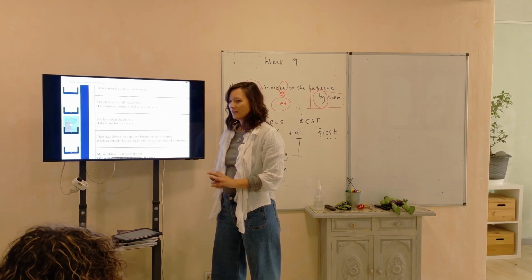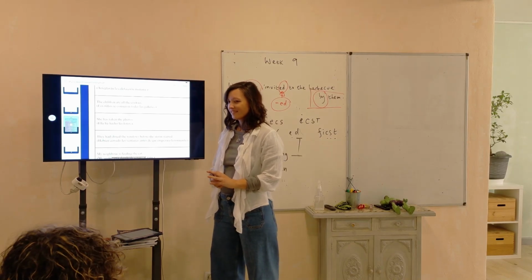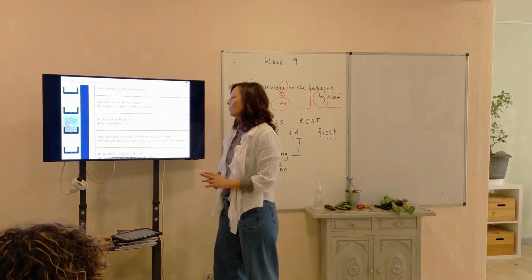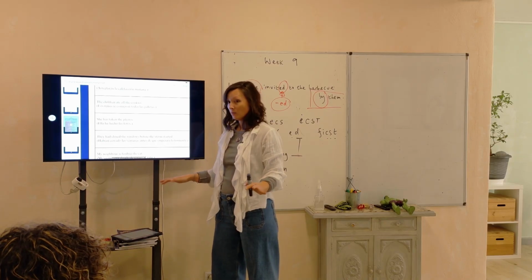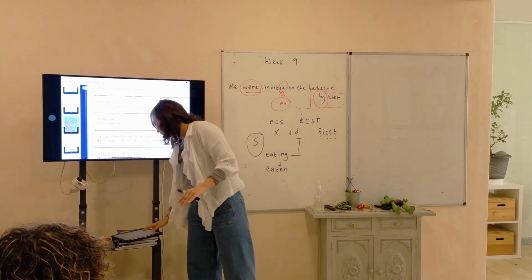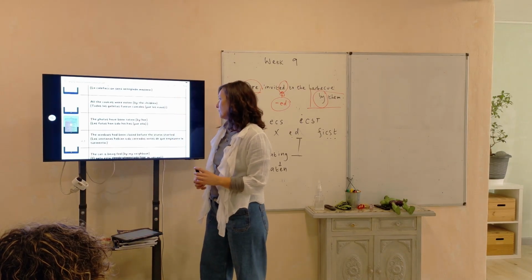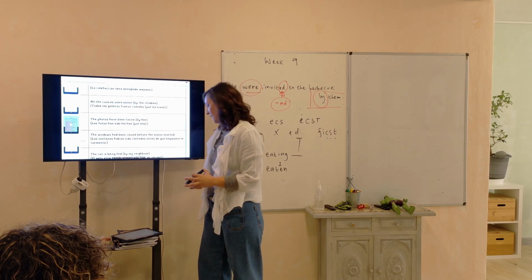The windows had been closed before the storm started. Here we have no by. We don't know at all who it was, and that's how it is. Habían sido cerradas antes de que la tormenta.